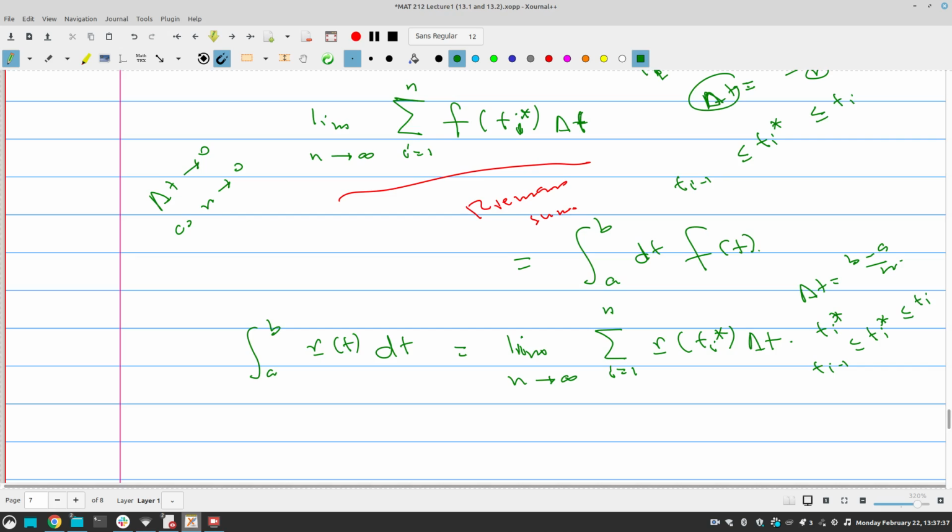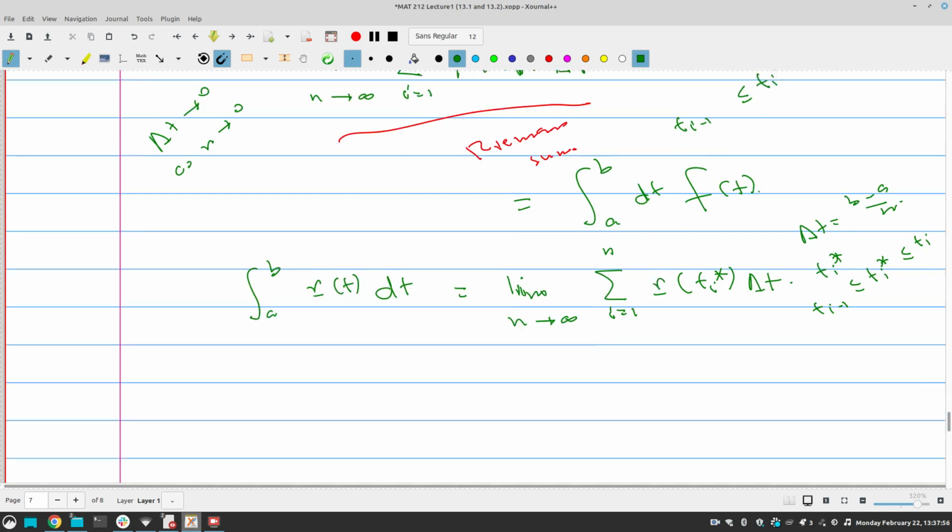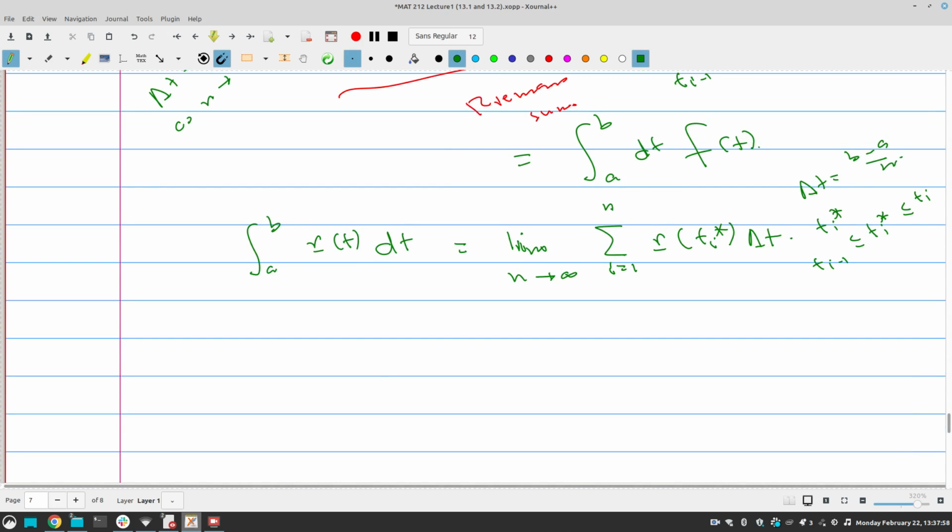Since this is the Riemann sum definition of the vector function integral, we can write this in terms of the integrals of component functions. The component functions are f, g, and h.